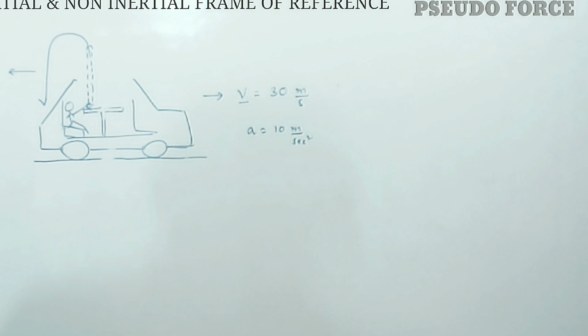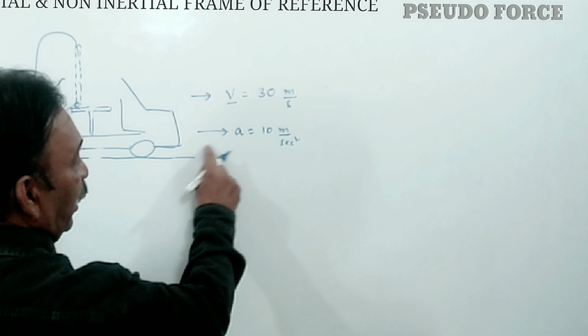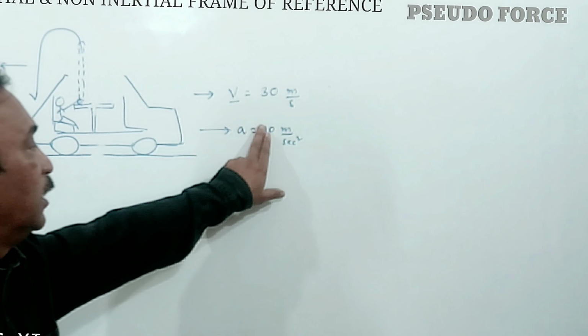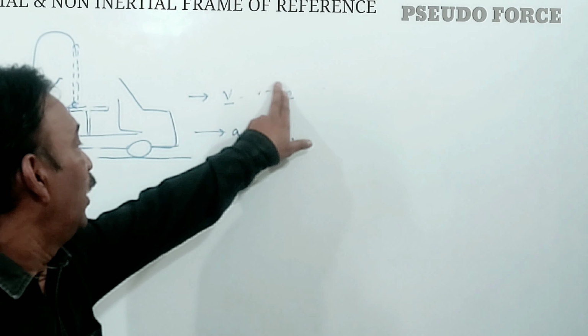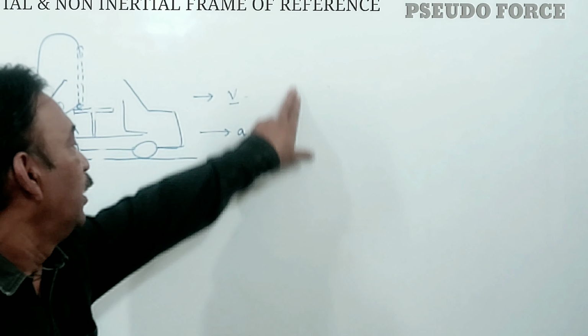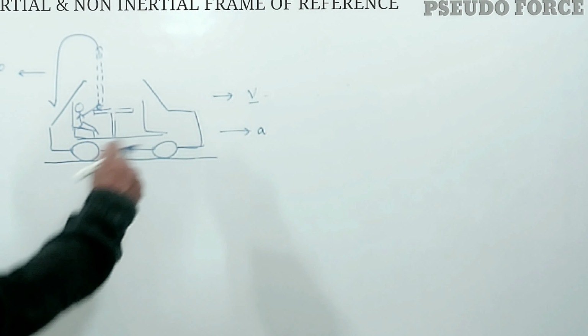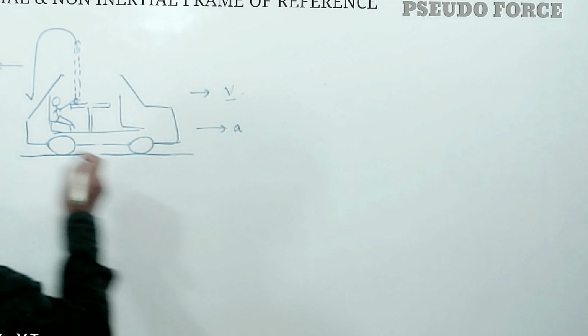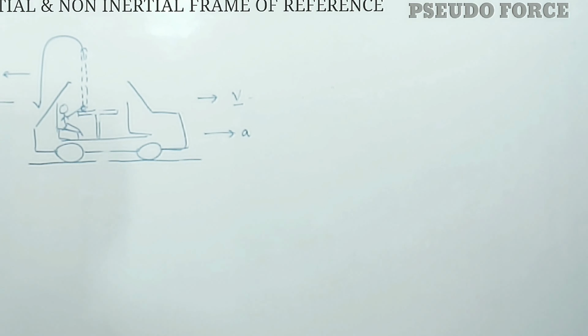Okay, students, here it is accelerating in forward direction with an acceleration of a. Just think it is a and velocity is v. Then what happens? A force will act on the body in opposite direction to the acceleration. This is known as the pseudo force.